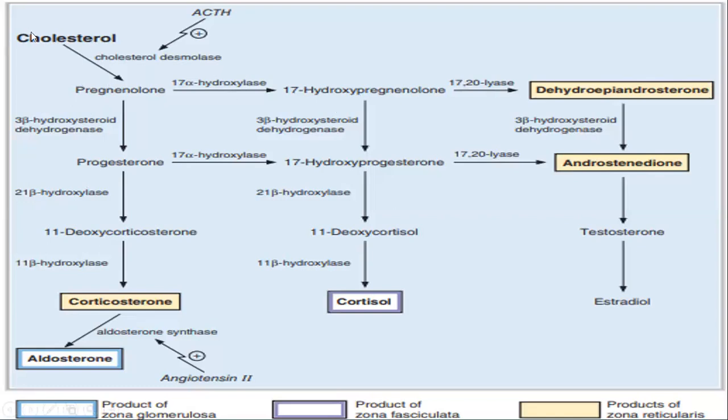So I want to direct your attention to the parent molecule cholesterol. Once it enters the cell, this what we call steroidogenic acute regulatory protein, or the STAR protein, S for steroidogenic, A for acute, R for regulatory.